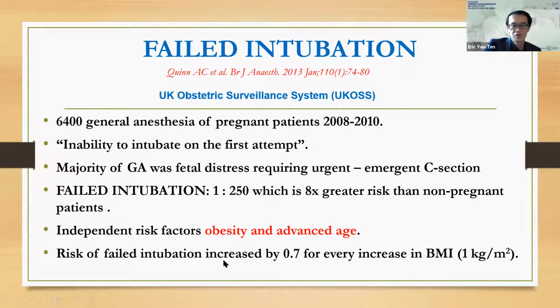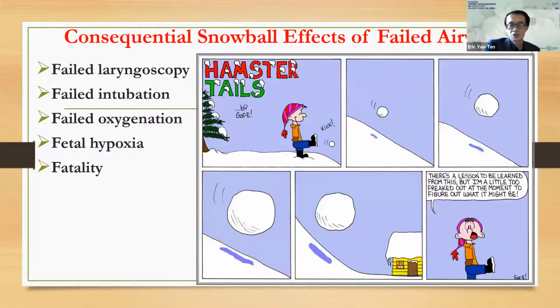In fact, the risk of failed intubation increased 0.7 times for every BMI of 1 that increases. So it is no doubt that the parturient airway is at a greater risk of failed intubation. And that can have significant consequences of a failed airway, including a failed laryngoscopy, intubation, oxygenation, fetal hypoxia, and then a fatality that can happen to either the mother or to the baby as well.